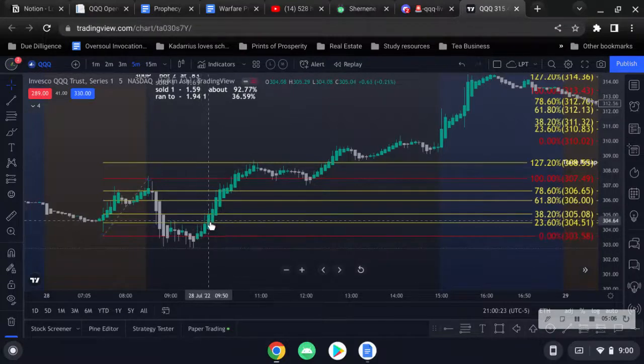You could have waited until you got to the 382 right here for great confirmation, or if you had confidence to see this candle as a bullish candle, you could have gotten in, and your stop loss would have been below this candle.